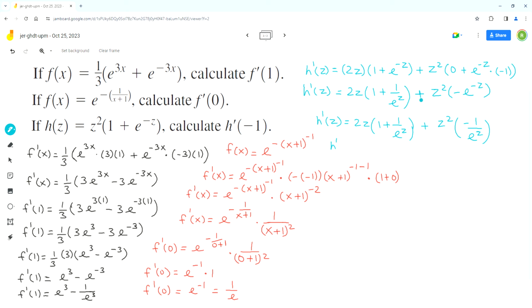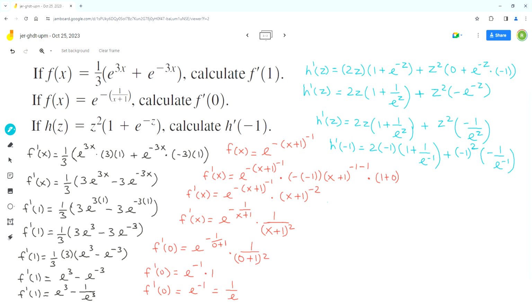So h prime of -1 equals 2 times -1 times 1 plus 1 over e exponent -1 plus -1 squared times -1 over e exponent -1.